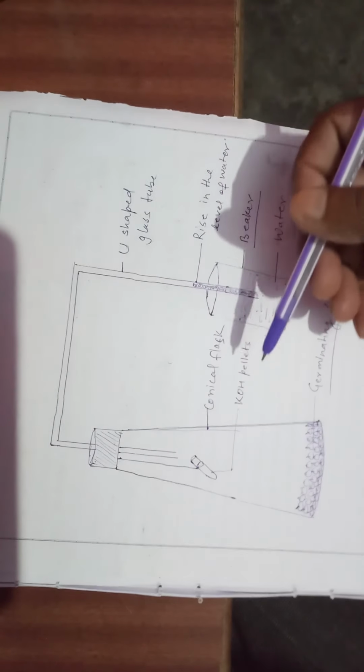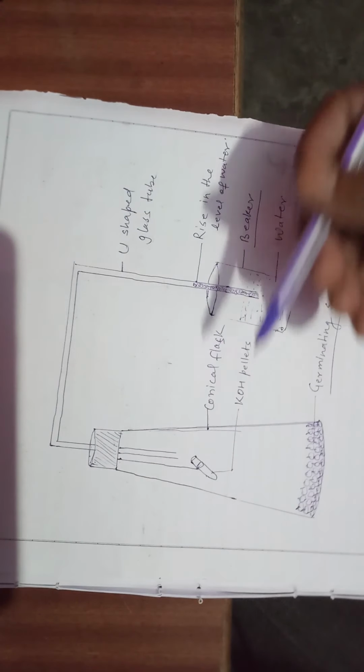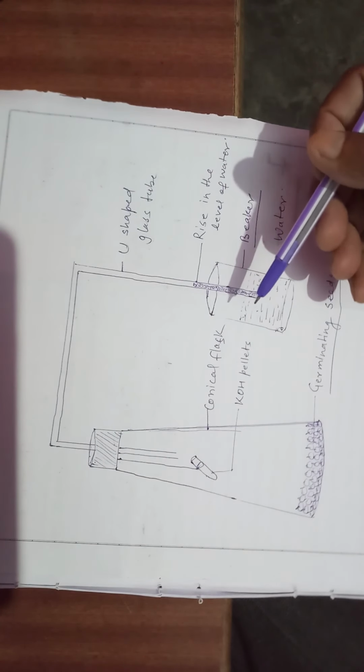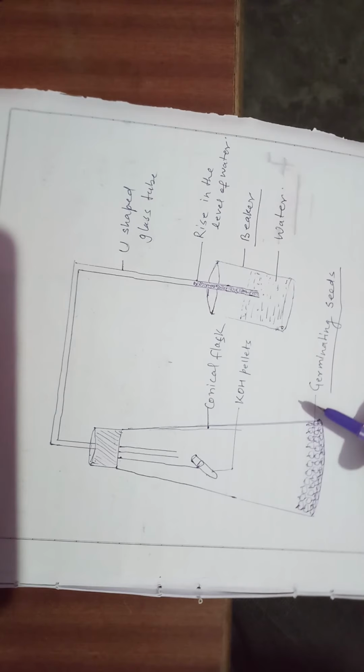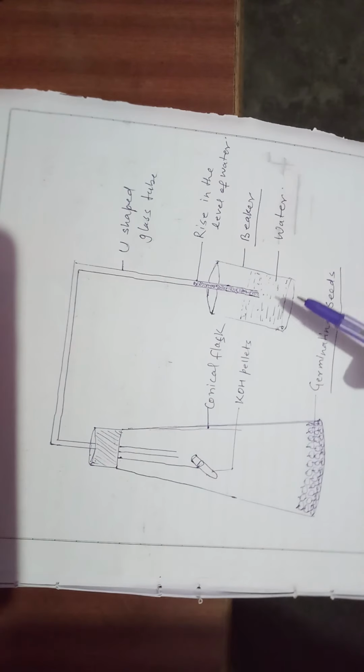But it is different in different seeds. So the observation is that the level of water rises in the glass tube in the experimental setup, and there is no rise in the water level in the control tube.